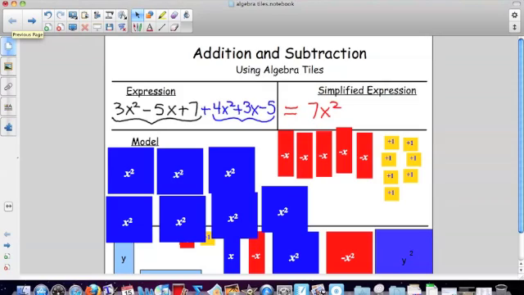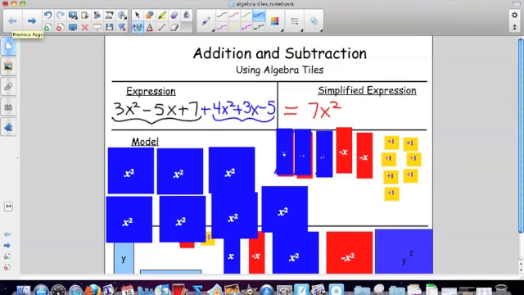The next one's a little different because I have a positive 3x. So I'm going to map my positive 3x to cancel out that negative x. Positive 2, positive 3x. Okay, so these 3, because the positives and the negatives canceled each other out, these no longer exist.